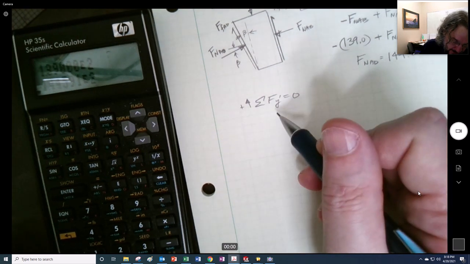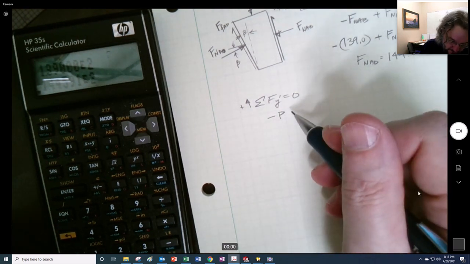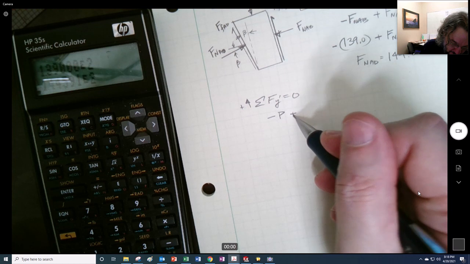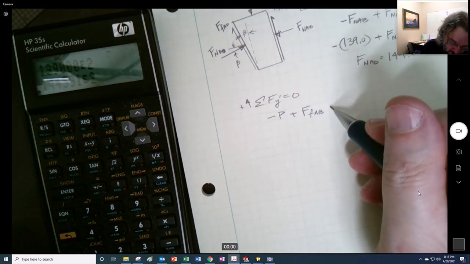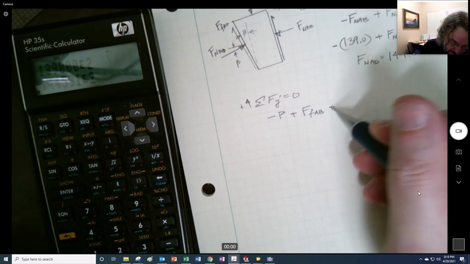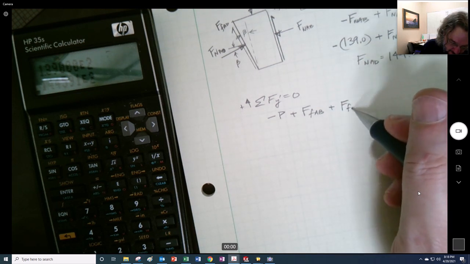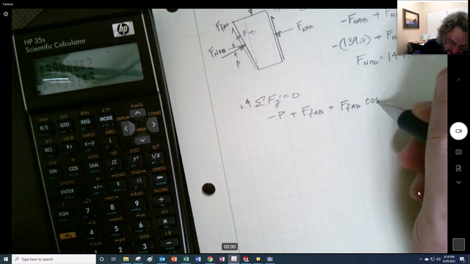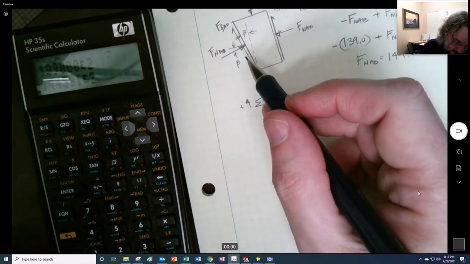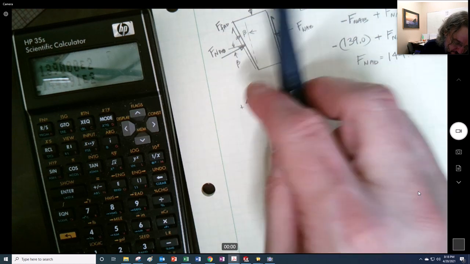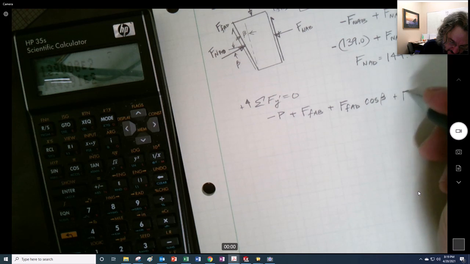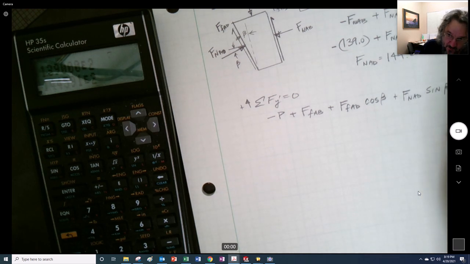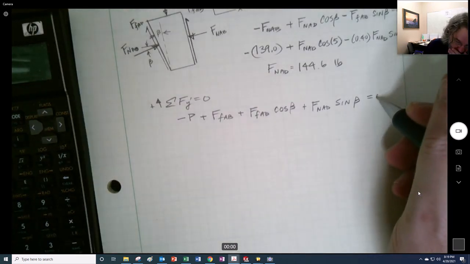And we're going to have a negative P, a positive FFAB, a positive FFAD cosine of beta, and we're also going to have a positive FNAD sine of beta equals 0.